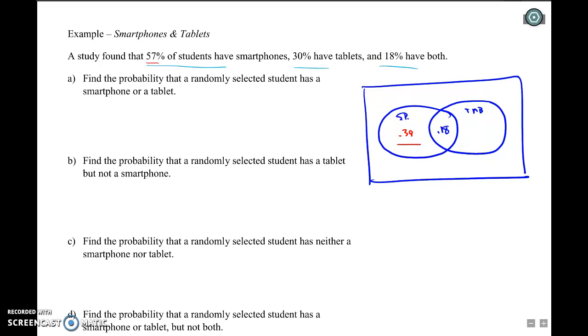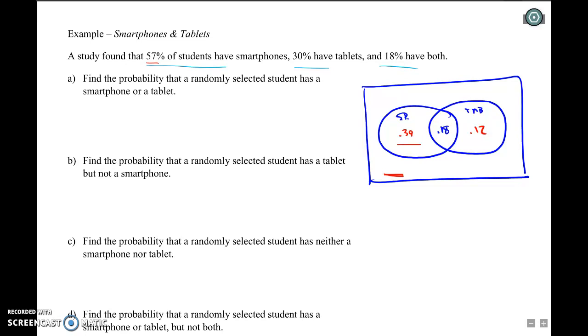30% have tablets. 18% have tablets and smartphones. So if you take 30 minus 18, 12% have tablets and no smartphones. And if I wanted to complete this picture, I'd need to put something here. This would represent the person that owns neither a smartphone nor a tablet.